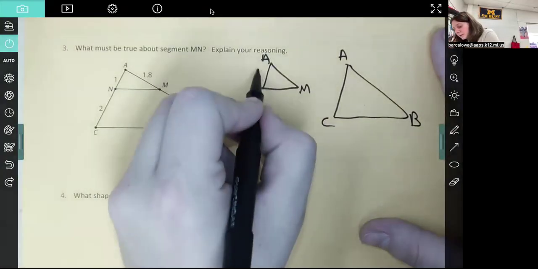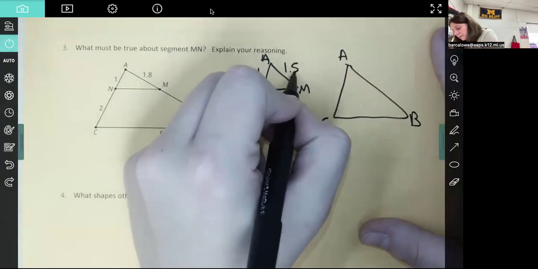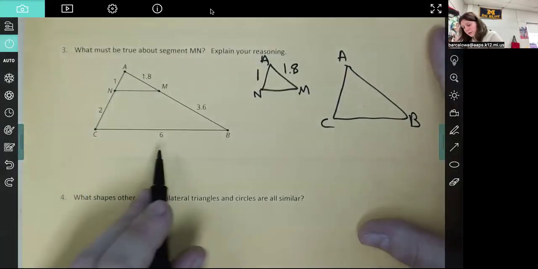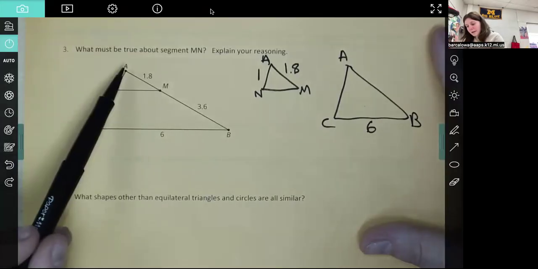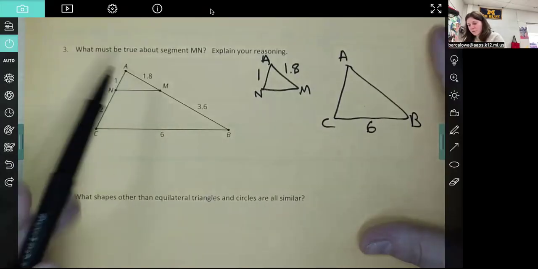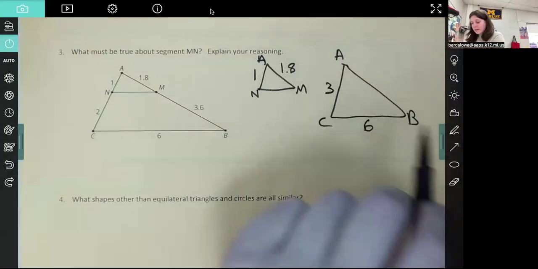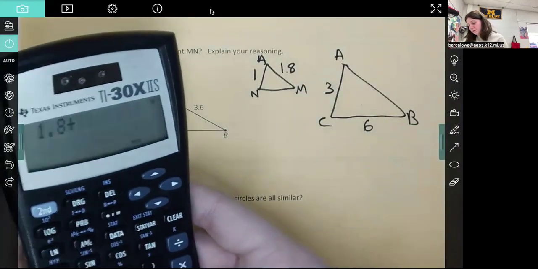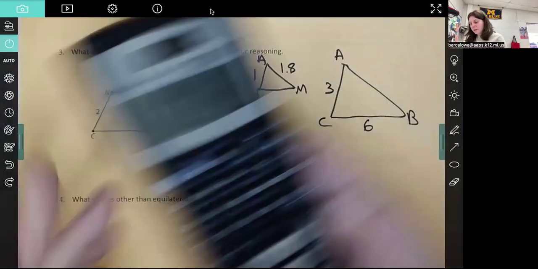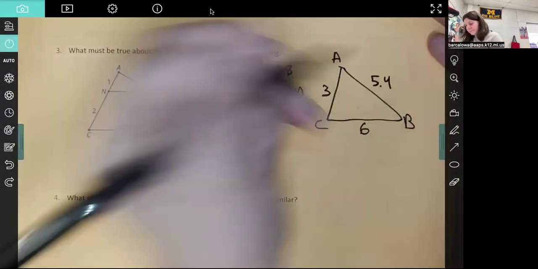Let's see, so this one has side length 1 and side length 1.8. Okay, CB is 6. And I know that 1 plus 2, so this whole side is 3. And I might have to break out my calculator for this one. 1.8 plus 3.6, 5.4 for this whole side.